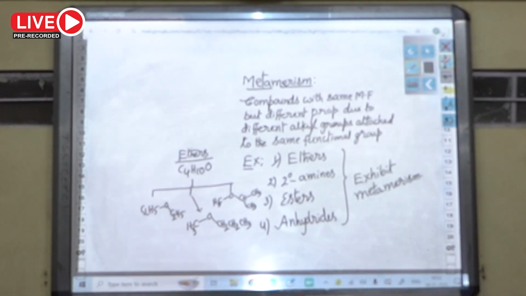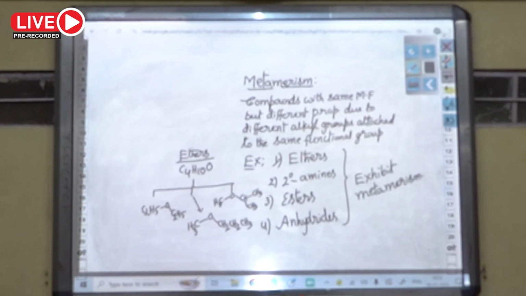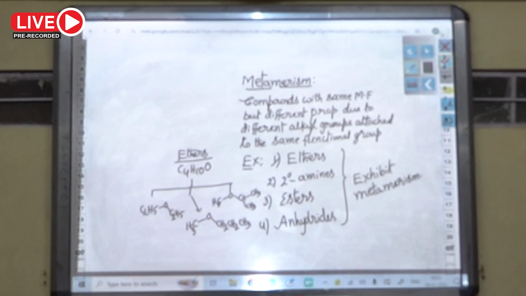What are these three? First one is diethyl ether, second is methyl n-propyl ether, and the last is methyl isopropyl ether. All three have the same molecular formula.